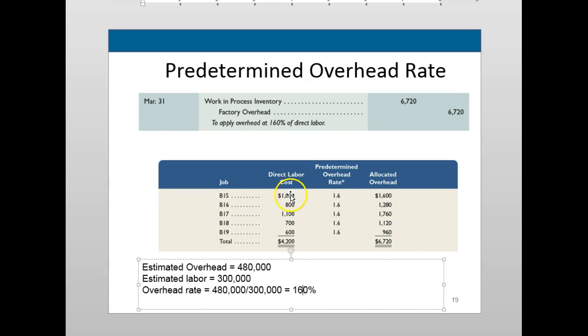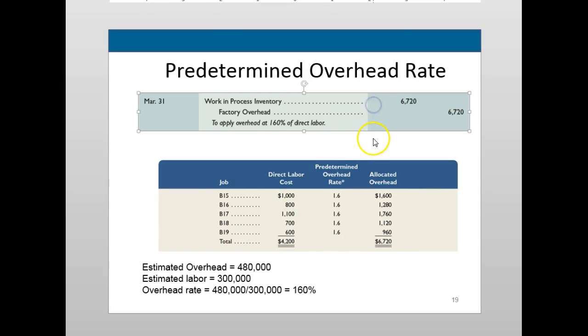So we know our direct labor costs that are put on here. I have $1,000 on job 15. I'm going to multiply that times 1.6 to come up with my allocated overhead. And we'll total up all of our job sheets with that applied, and we'll have a journal entry, and that's going to go into work in process.